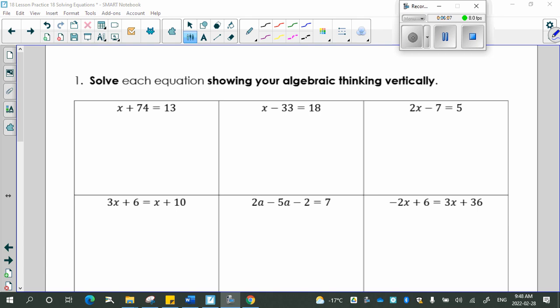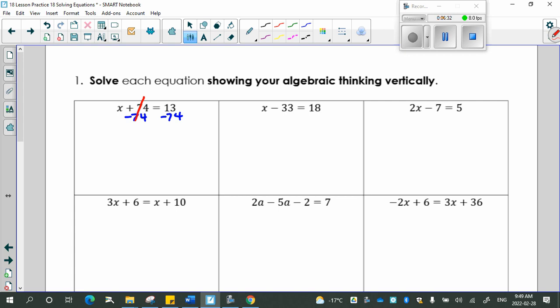Who thinks they know what the first step would be for this one? And I'll show you how to show it. Yeah, subtract 74 on both sides. Okay, and that's exactly how you show it vertically. So you're showing that underneath. And then now I'm going to show that I know that's a zero pair by crossing it off.